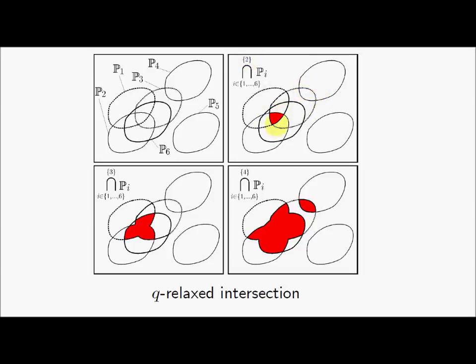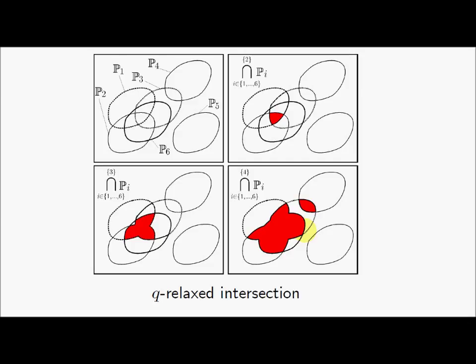And if I do this, I define in red here the relaxed intersection corresponding to q equal 2. The 3-relaxed intersection is in this sub-picture. So it contains all points that are consistent with all sets except 3 of them. And here the 4-relaxed intersection on the last picture. The 5-relaxed intersection would correspond to the union of the 6 sets.